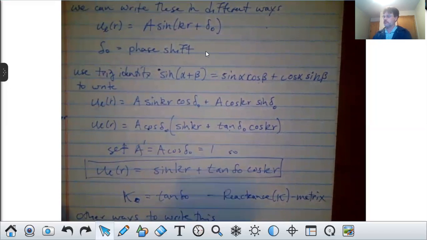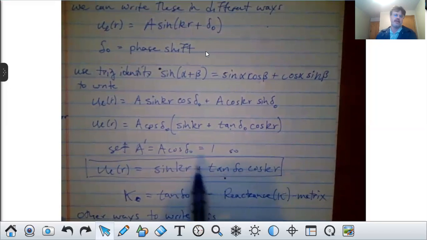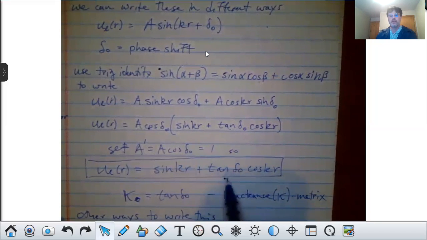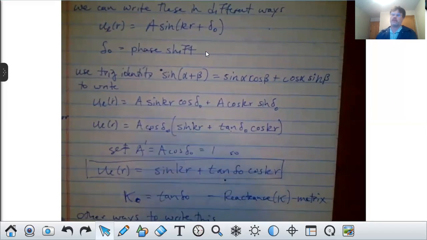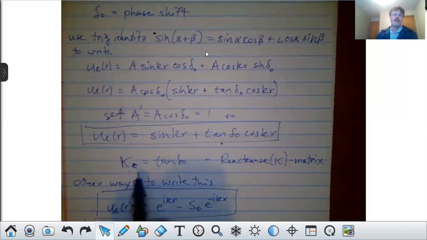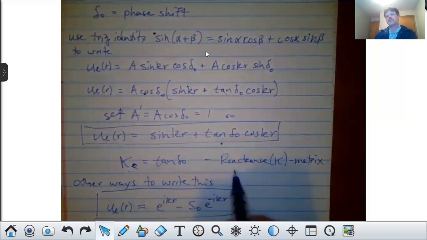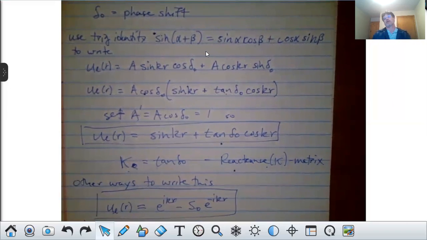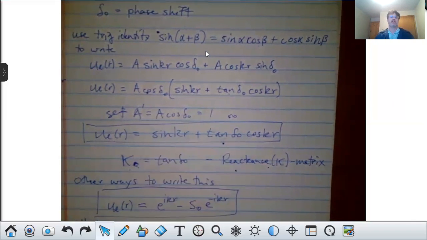But for now, this is just another way of writing the asymptotic solution. A lot of times people will call this tangent delta 0 K0. It's related to the reactance or K matrix. Maybe we'll talk about the matrix more later, but this is just another way of writing this.